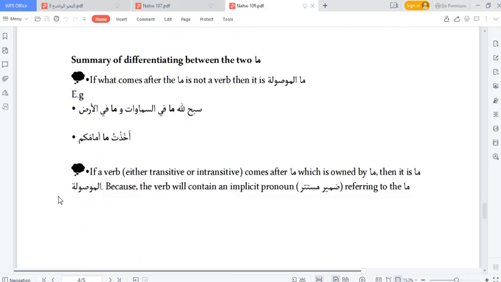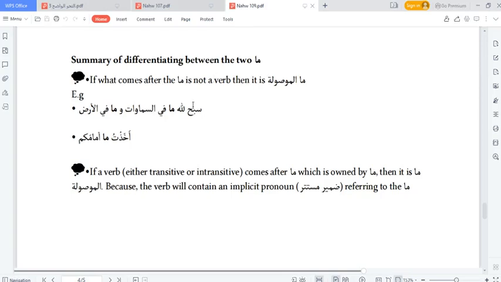So, a summary of differentiating between the two ma. If what comes after the ma is not a verb, note that it is ma mausula, because ma mausula can have many different things coming after it. But for ma masdariya, it has to be a verb. So if what comes after the ma is not a verb, then definitely don't think about it.